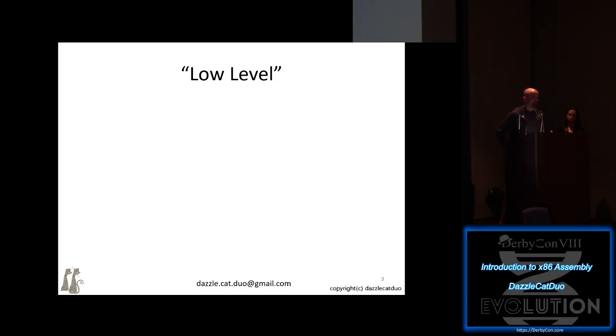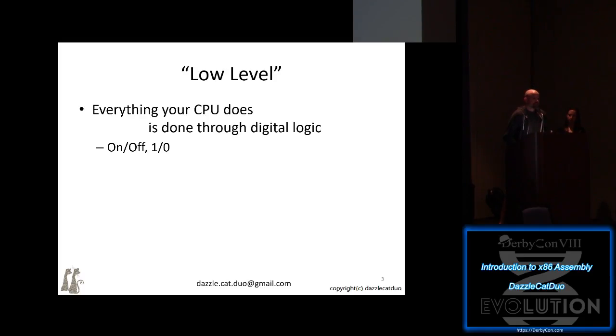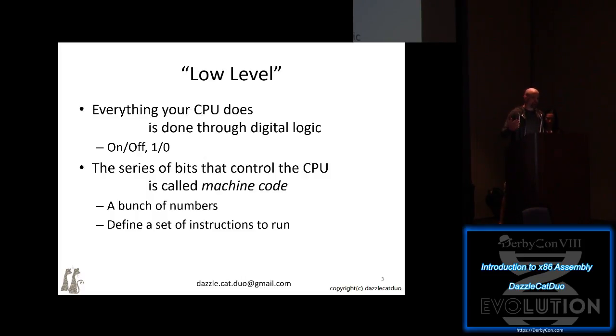But the premise behind all of this starts at a very, very low level. That's what assembly is all about. The idea is that everything your CPU does ultimately comes down to digital logic, right? On and off, ultimately running current through transistors or not, which we abstract away as the idea of either 1 or 0.